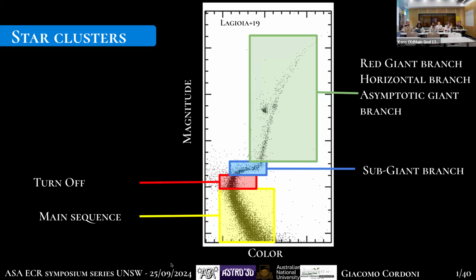I couldn't highlight those phases individually because they overlap a bit, but we have RGB stars, AGB stars, and the horizontal branch or red clump stars, depending on the cluster. These are very important because we can use them as a benchmark to understand how well we understand star formation and star evolution.